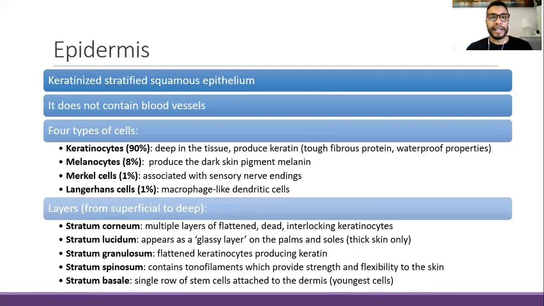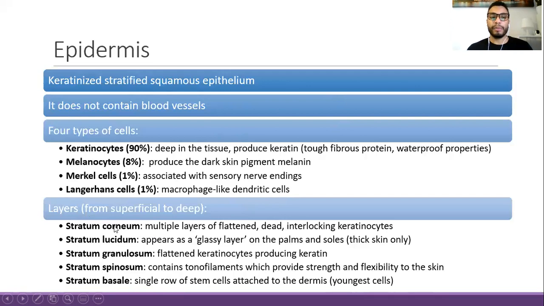I can tell you that we have two types of skin, thin skin and thick skin. In the thick skin, we have those 5 layers of epidermis. And in the thin skin, we only have 4 layers.